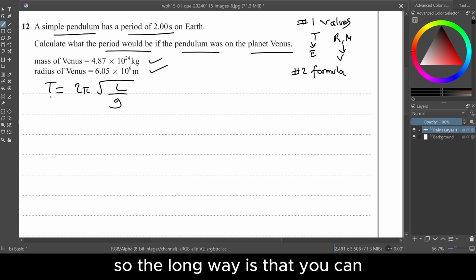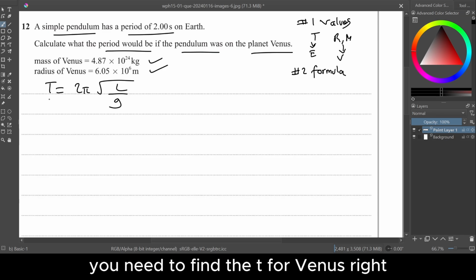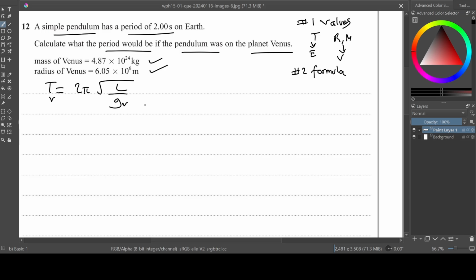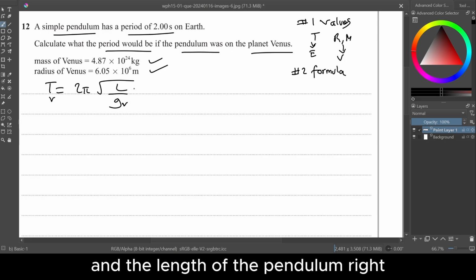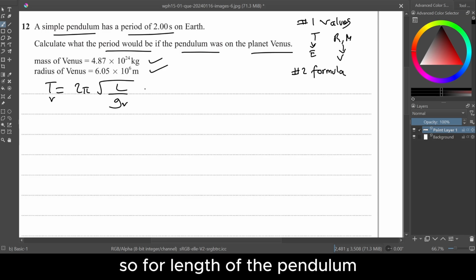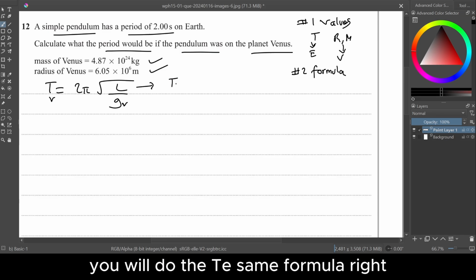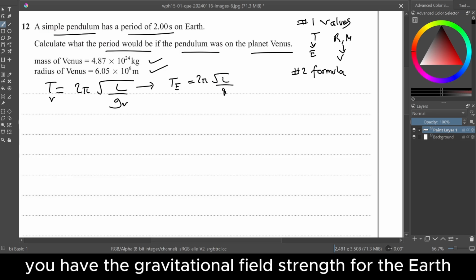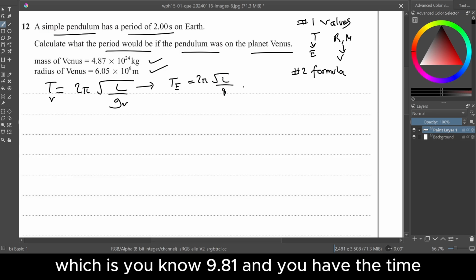So the long way is that you need to find the T for Venus, right? So you need to find the gravitational field strength for Venus and the length of the pendulum. For the length of the pendulum, you will use the same formula, TE equals 2 pi square root L by G. You have the gravitational field strength for the Earth, which is 9.81, and you have the time.